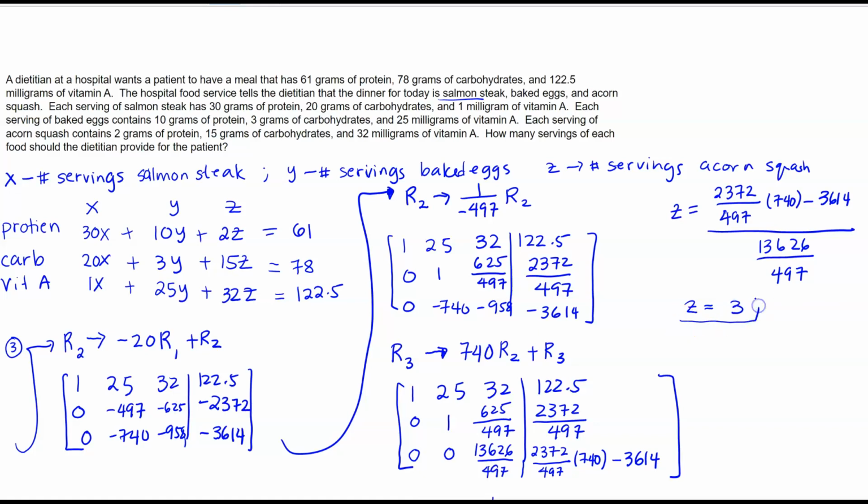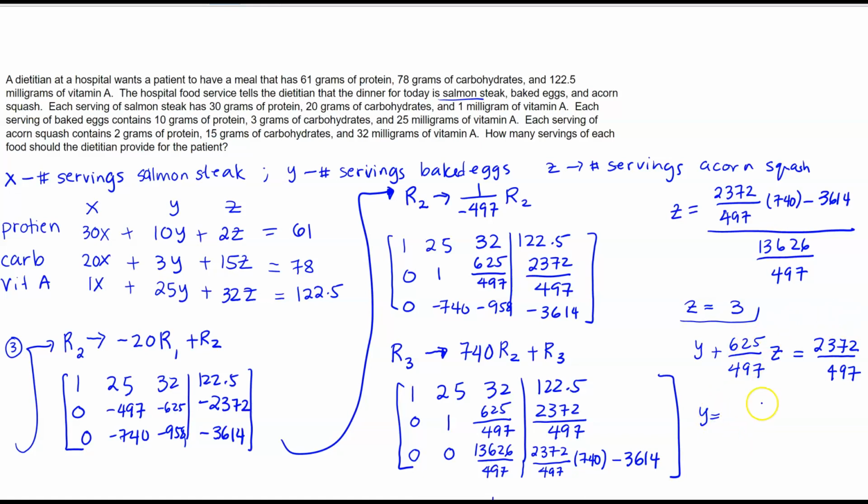So now you have z equal to 3, then you solve for y. To solve for y, you use this equation here. You have y plus 625 over 497 times z is equal to 2372 over 497. And then you plug in the value for z here, replace z by 3. So you have y, and then you move that to the other side of the equation.